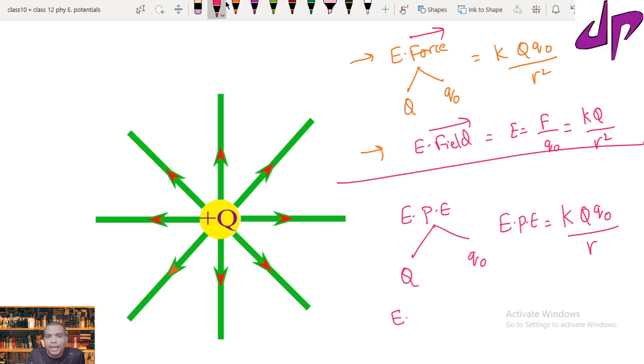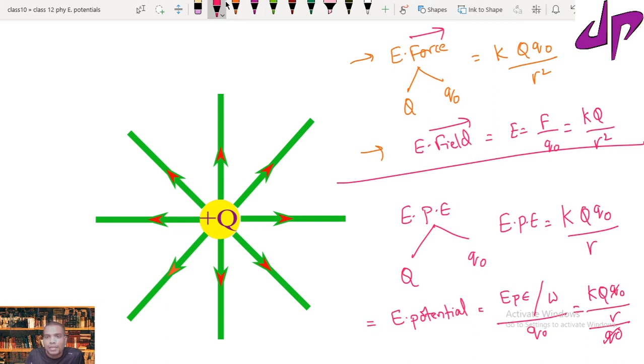Now I define electric potential. Electric potential we define as electric potential energy or work done per test charge. So in the above expression, K capital Q small q naught by R upon q naught, q naught gets cancelled.